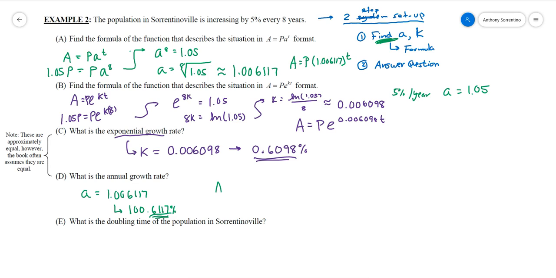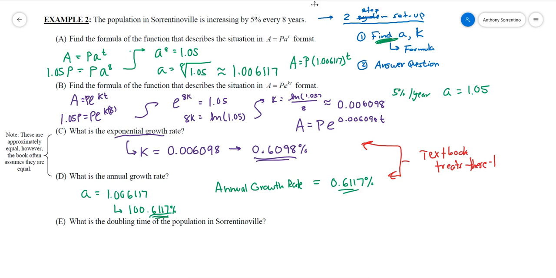So the annual growth rate is actually 0.6117%. As I said, though, word of warning, your textbook treats these the same. They aren't. They really are not the same.